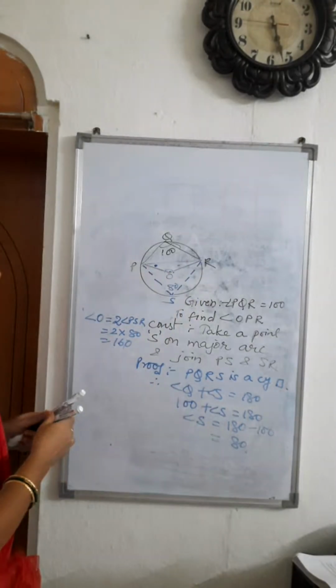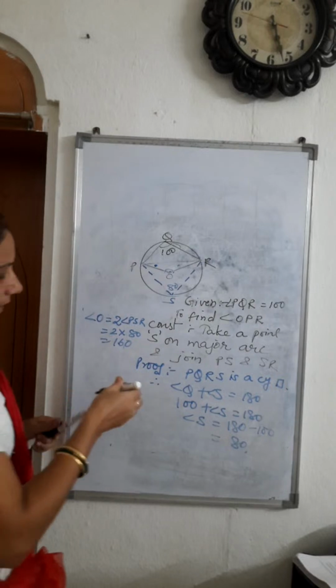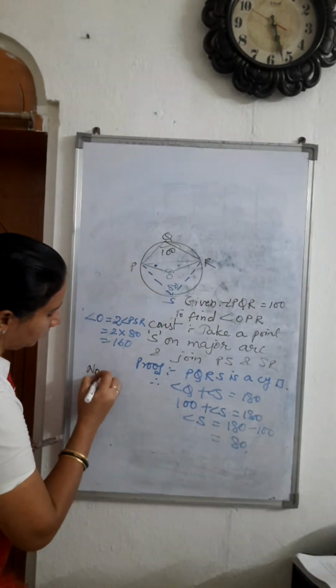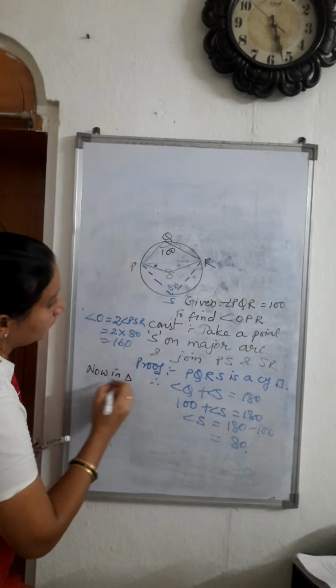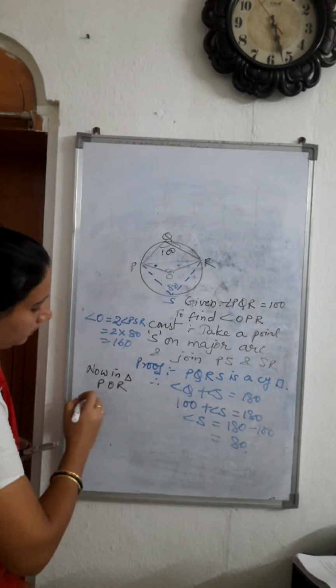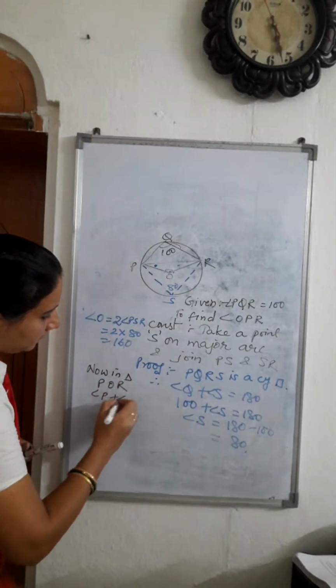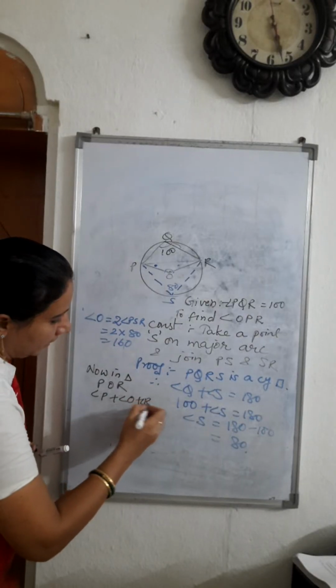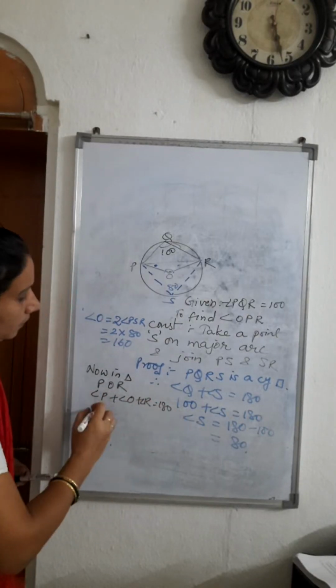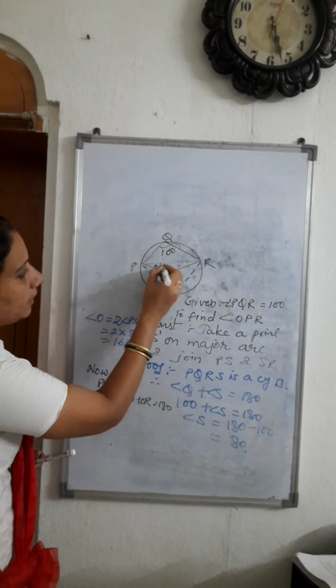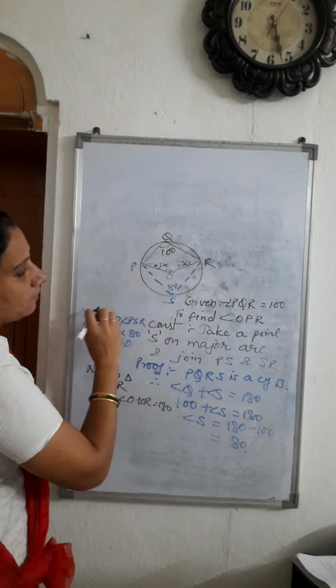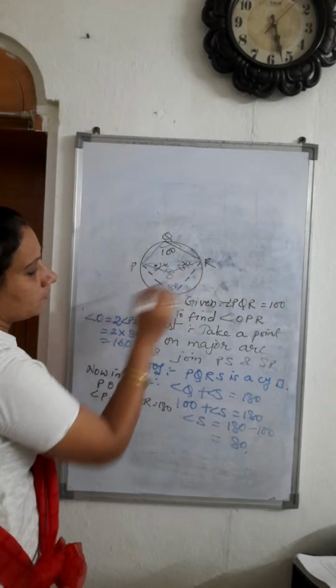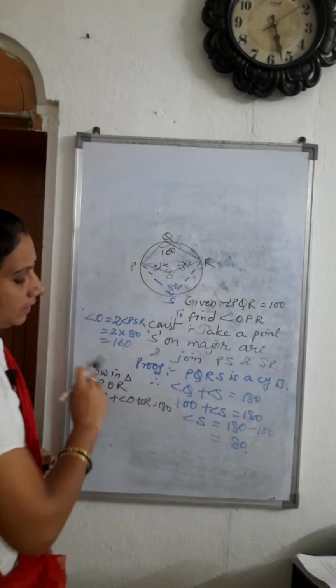So the final conclusion part here. Now in triangle POR, angle P plus angle O plus angle R is 180, out of which P and R we will consider X. They are equal angles because these two are radii, so opposite angles will be equal.